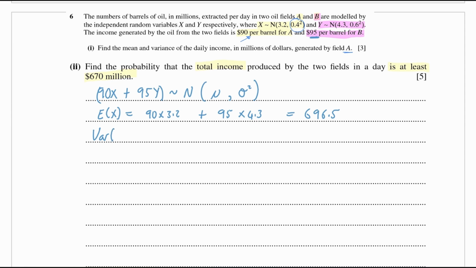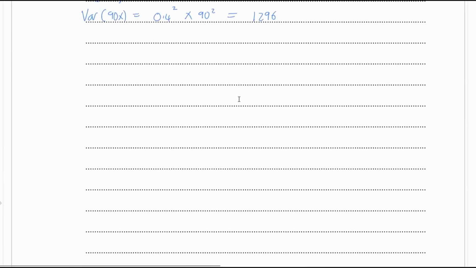Okay, now the variance. Oh, sorry, just going back here, I've made a mistake. That's not this here. 90x plus 95y should have been in there, right? Okay, now there, and this will be the variance of 90x plus 95y, is going to be equal to 0.4 squared times 90 squared, which I think we did up above in the first question, didn't we?